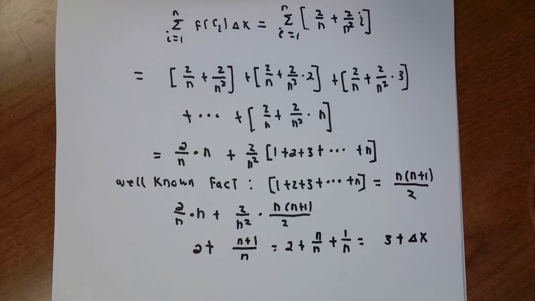The second chunk, n plus 1 over n, can be written as n over n plus 1 over n. n over n is 1, 2 plus 1 is 3, plus 1 over n. 1 over n was delta x. So when the dust finally settles, for this choice of partition, for this choice of selection of c numbers, the Riemann sums just work out to be 3 plus delta x.